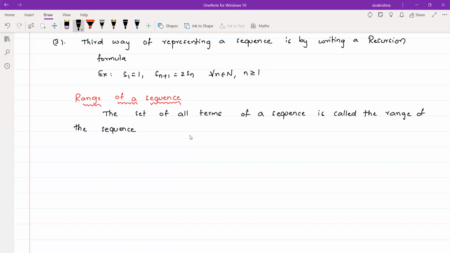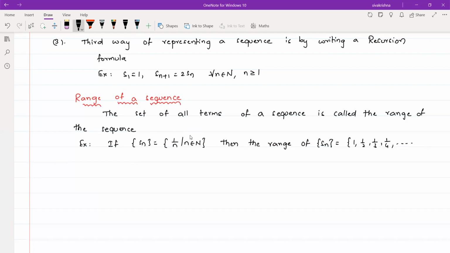For example, if Sn is equal to the set of 1 by n such that n belongs to N, then the range of the sequence Sn is 1, 1 by 2, 1 by 3, 1 by 4, 1 by 5, and so on.